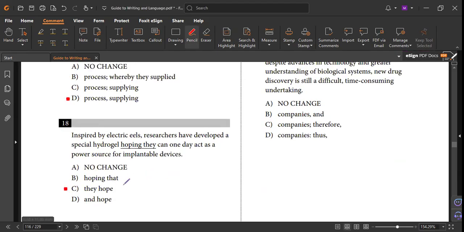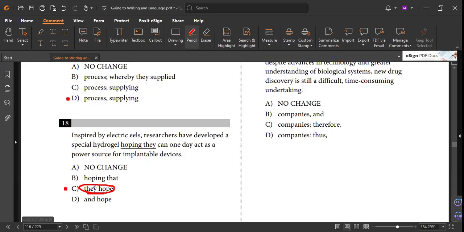Why? Because it's logic. Researchers have developed a special hydrogen. They hope they can. So they hope here, it's a clause. Special hydrogen, they hope. Do you catch it? Is this like a run-on now? Not run-on.